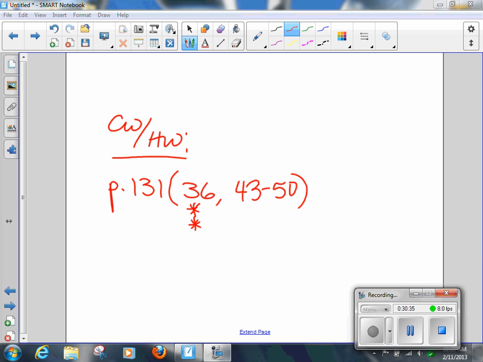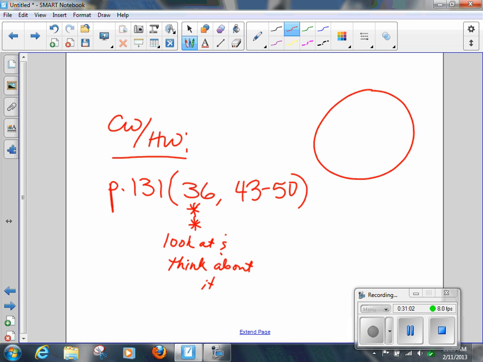Number 36. I just want you to look at this and think about it. Because tomorrow I got to make copies of the unit circle. What 36 is, folks, it's a unit circle that is in terms of real numbers. If you look at it, it's got little tick marks all the way around the unit circle, okay?